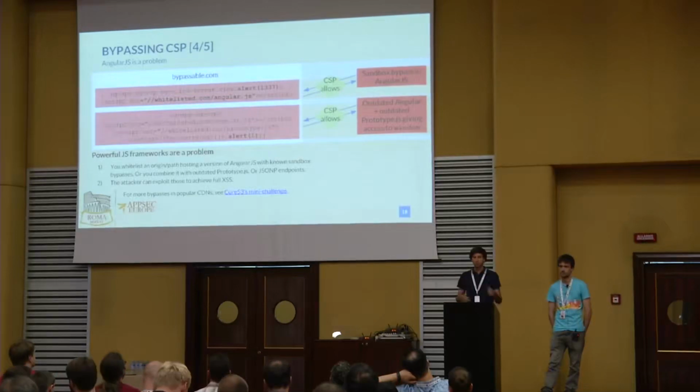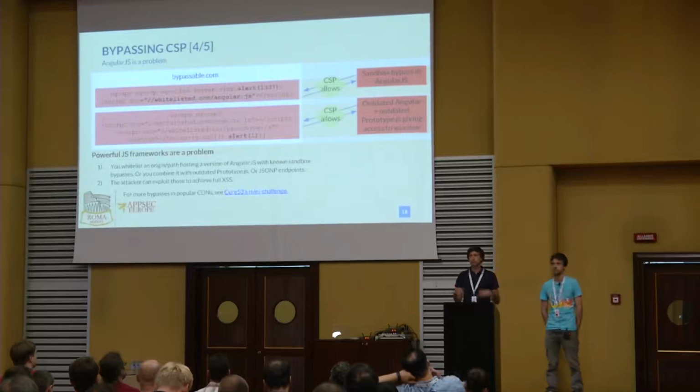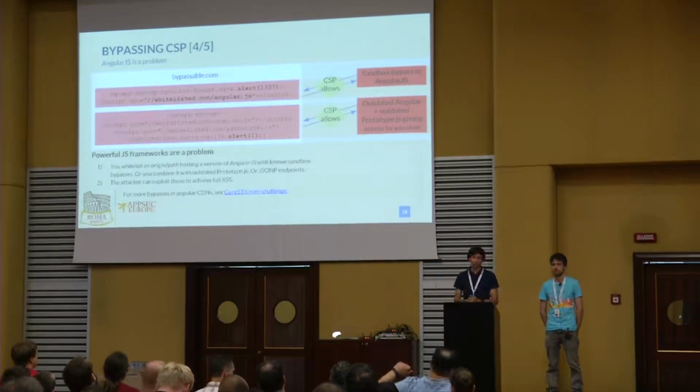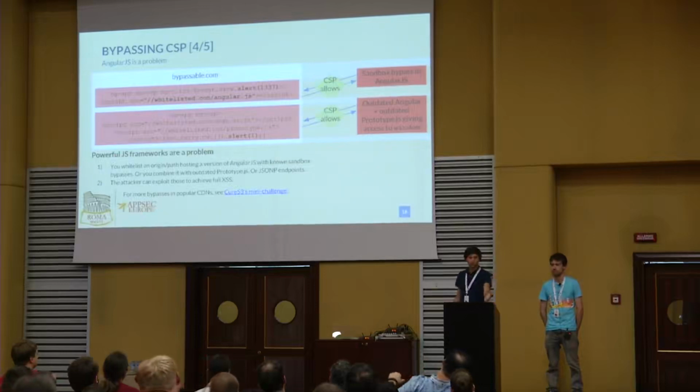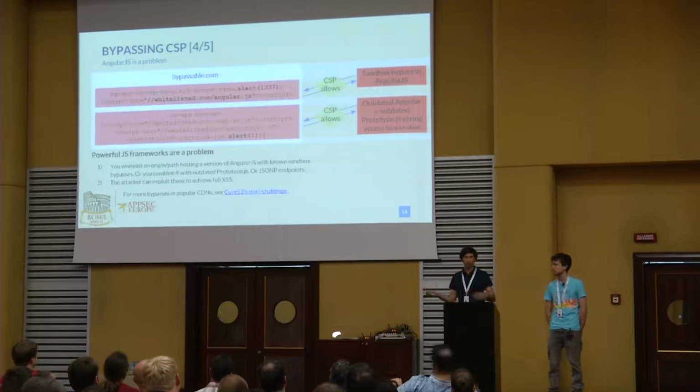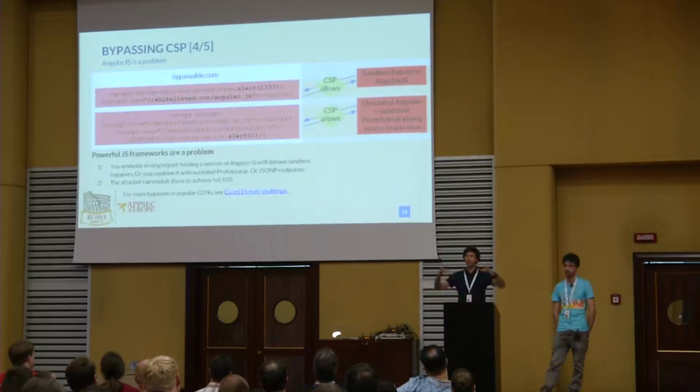So at the beginning, you were kind of restricted to the Angular expression context, but Angular has a sandbox bypass for every version. So again, it's very likely that you will get full script execution, right? Why does it work? It's very trivial, right? Because whitelisted.com is whitelisted, so CSP will say, yeah, sure, load Angular from whitelisted.com. And then Angular adds an abstraction layer on top of JavaScript, right?